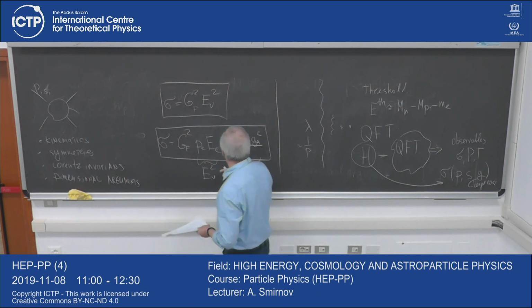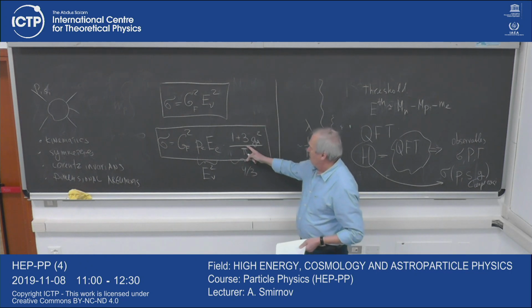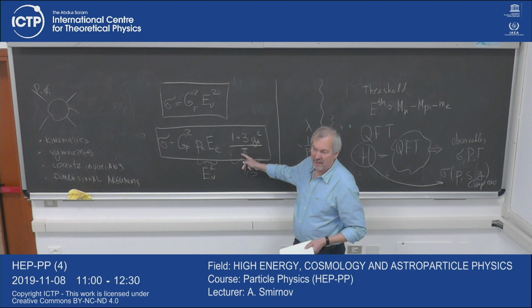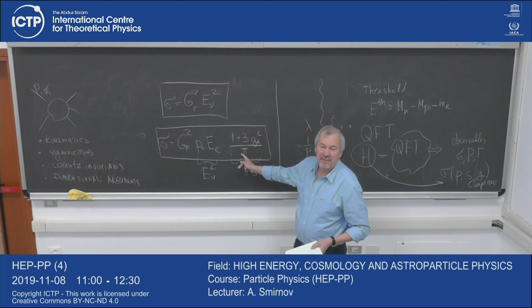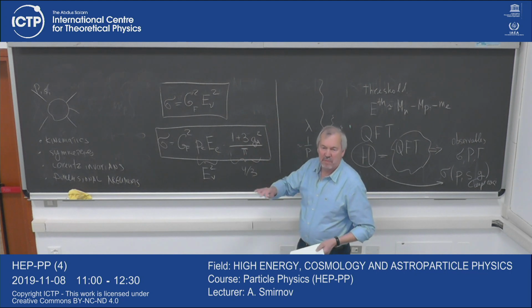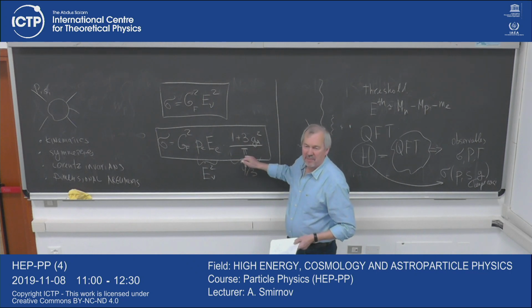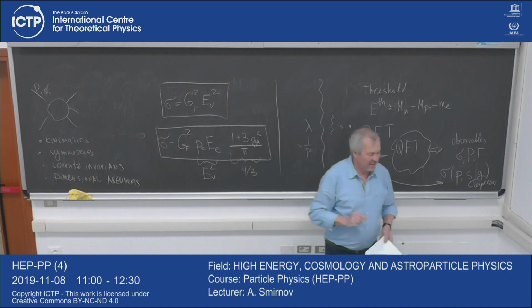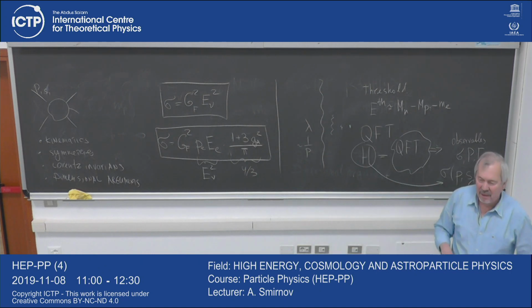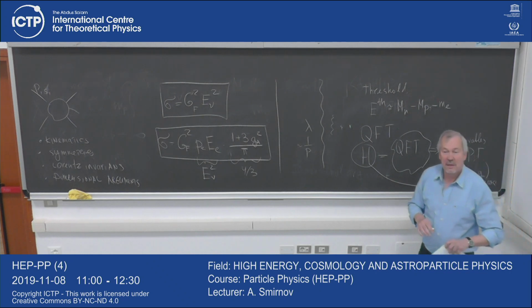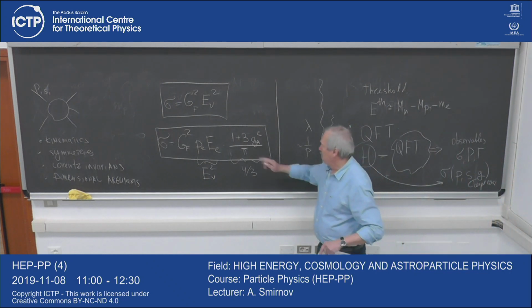By the way, even in this formula, I can find what should be the power of pi here. It depends just on the number of particles in the final state. In this case, it's pi in the first power in the denominator. But knowing how many particles are in the final and initial state, I can find what the power of pi should be.